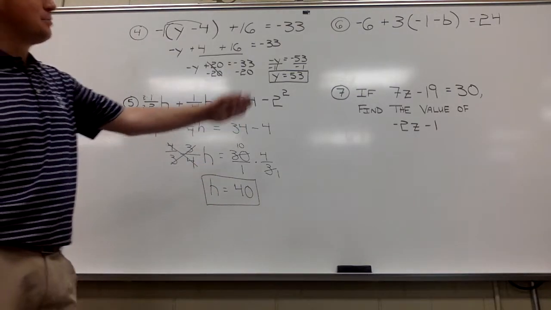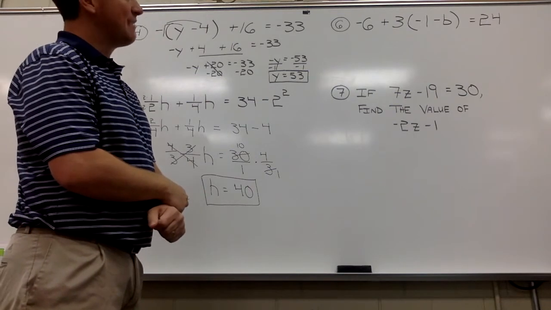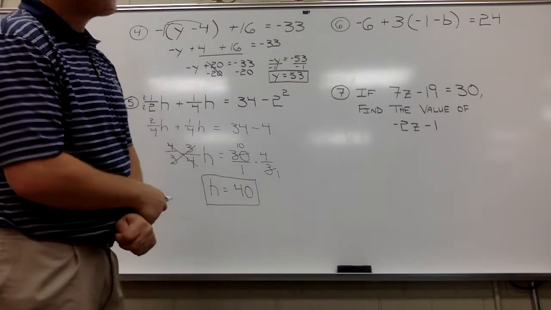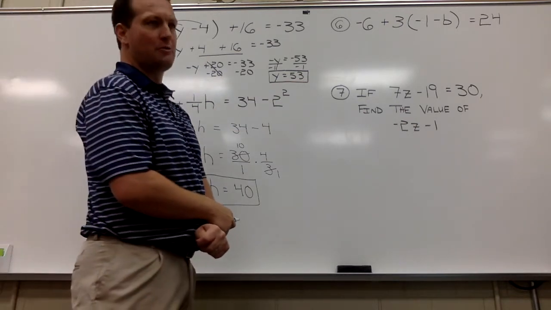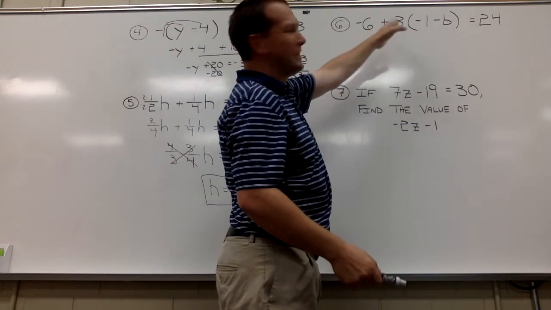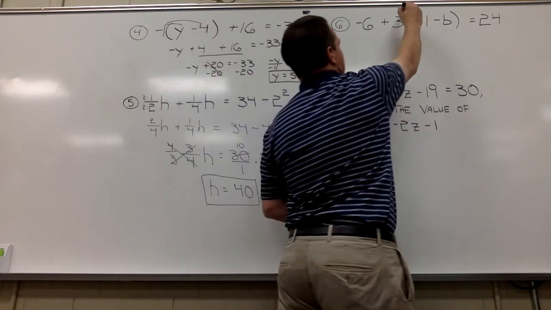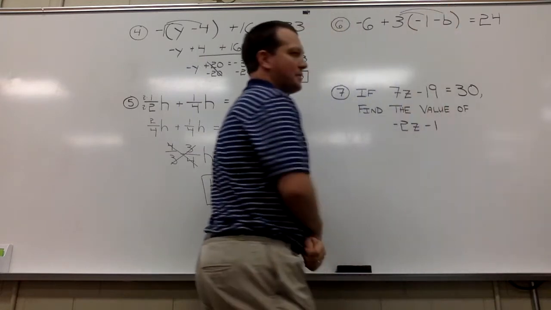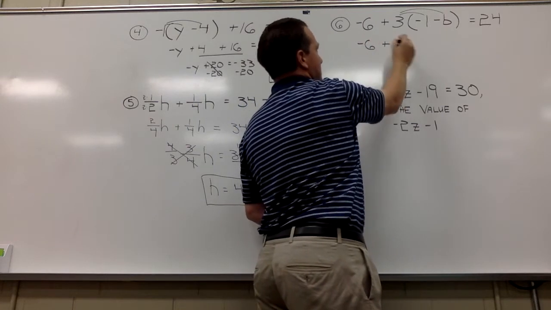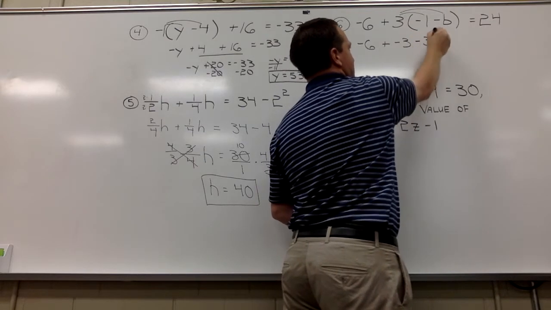My last two examples here, I have a kind of an ugly left side that I need to clean up here first, and then what we call the special start example here for daily 1's finale. Left side of example 6 is -3 plus 3 times the quantity of -1 minus b is 24. I need to first get rid of my parentheses using the distributive property. So I'm going to have -6 plus 3 times -1, -3, and then 3 times minus b, -3b.